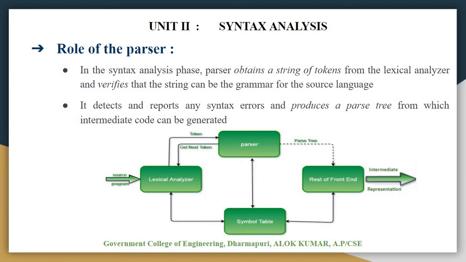So here we can see in the syntax analysis phase, the parser obtains a string of tokens from the lexical analyzer and verifies that the string can be generated by the grammar for the source language.